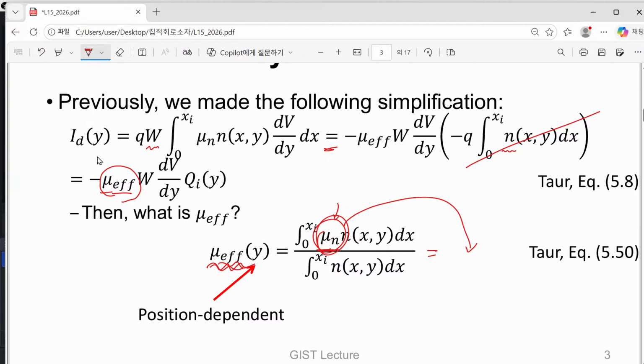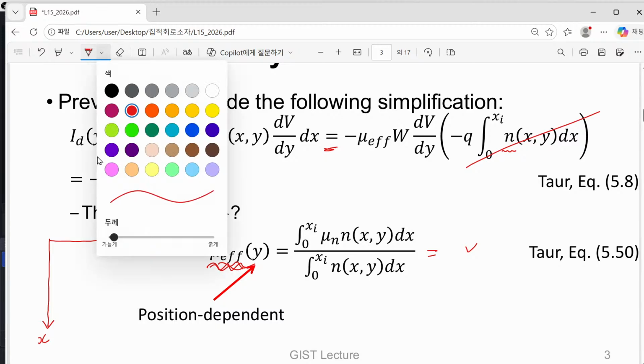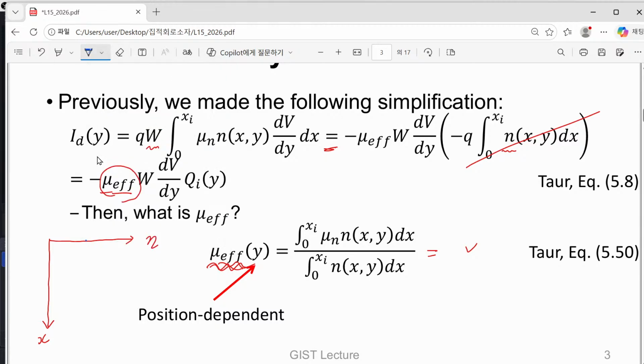And let's assume, for example, this kind of behavior. This is the vertical direction, and let's say this is our electron density. In many cases, in our assumption, electron density rapidly decreases when we go deep into the substrate.